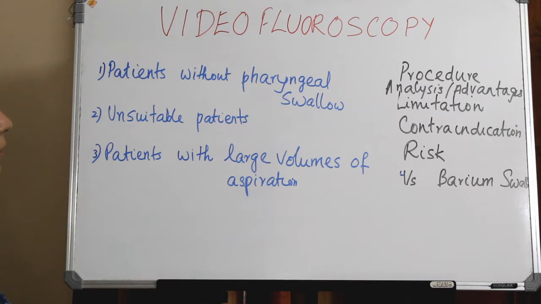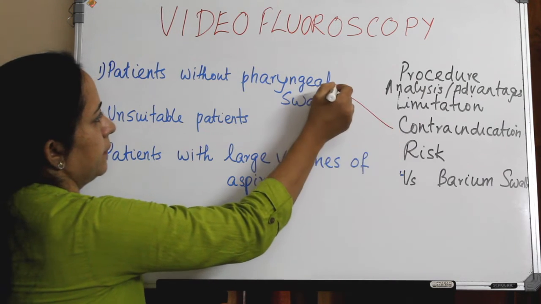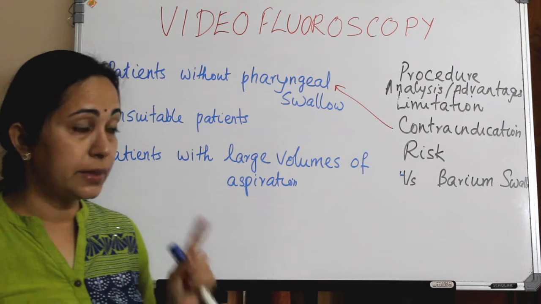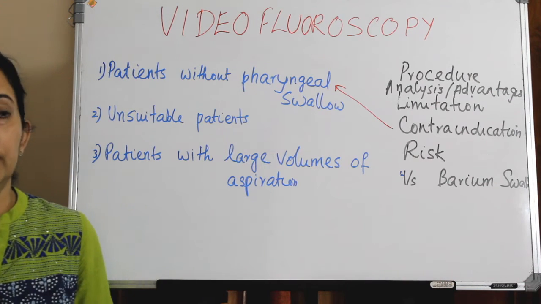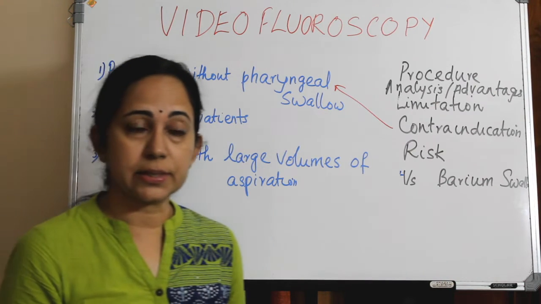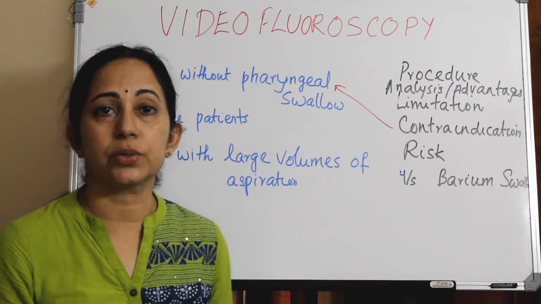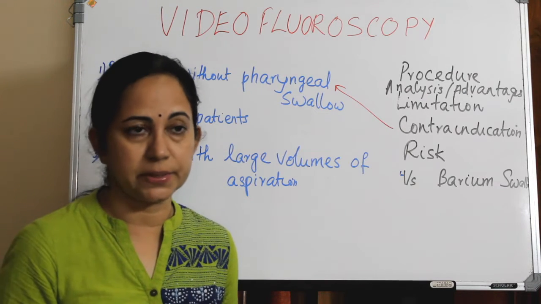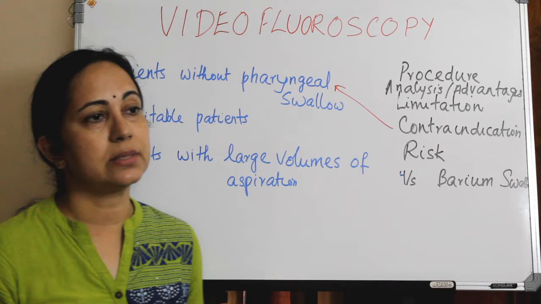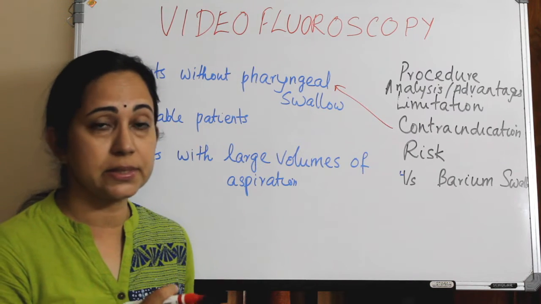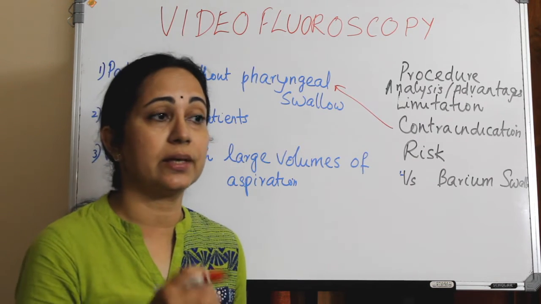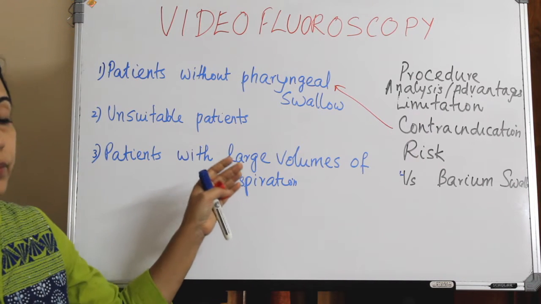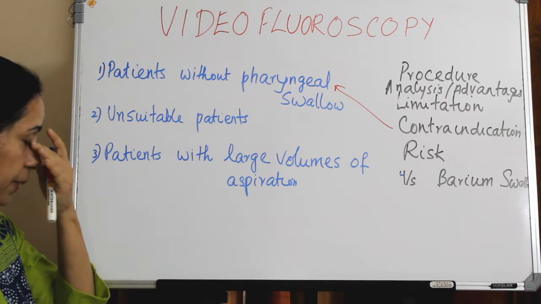Then coming to the contraindications. These are the contraindications. Patients without a pharyngeal swallow, that we discussed along with the causes of dysphagia, mainly the CNS neurological patients. If patients have an absent pharyngeal swallow, they are definite candidates for aspiration, so videofluoroscopy should not be done in them.